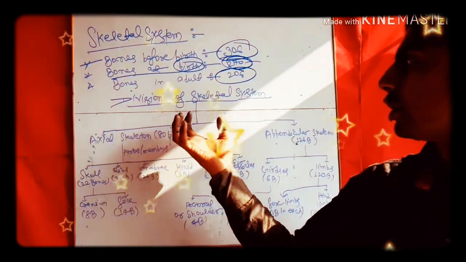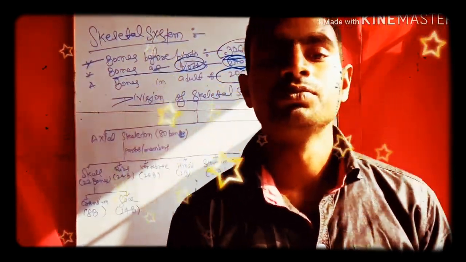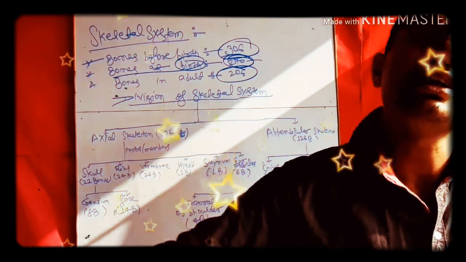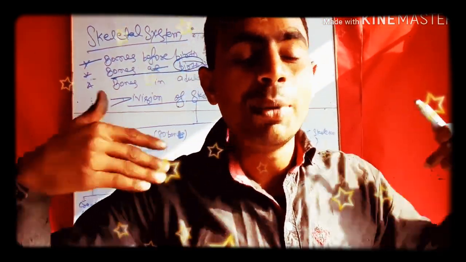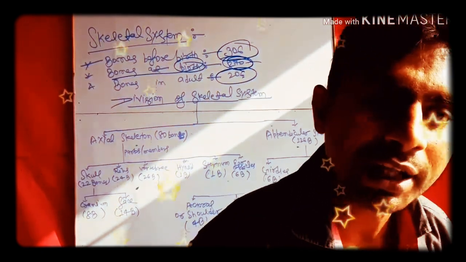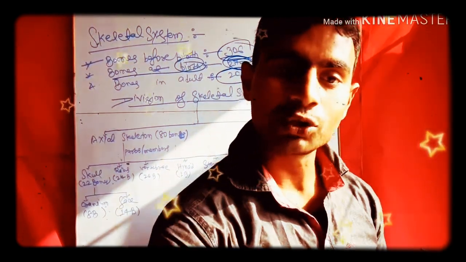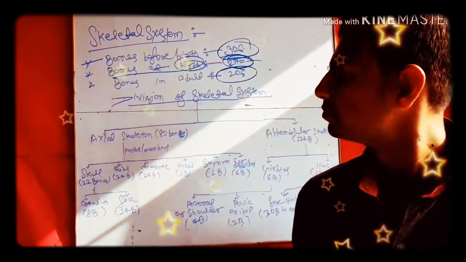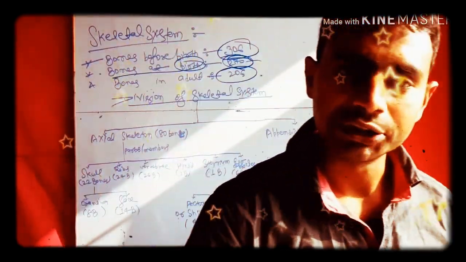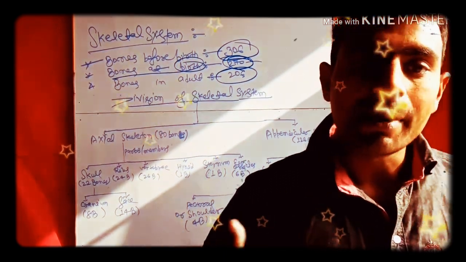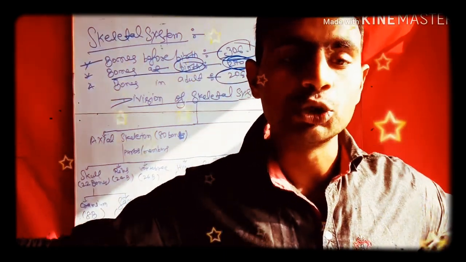After that, the division of the skeletal system. We know that in adult life 206 bones are present in us, but in which part how many bones are present is a very necessary matter to know. We divide our skeletal system into two parts.